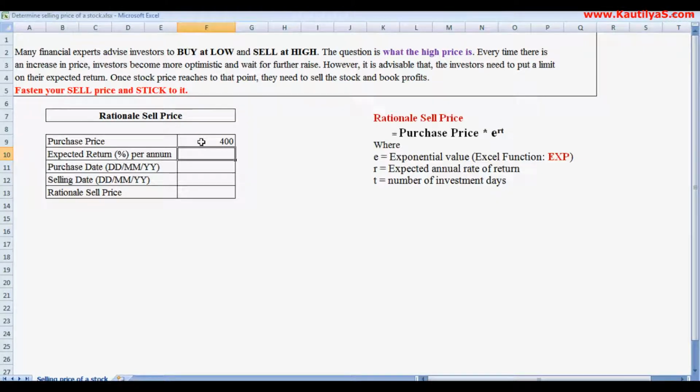Maybe you borrowed funds where you are paying 18% per annum as an interest. So in return you expect that this investment will yield you more than that. So 18% is your cost, you expect a plus 6%. Assume that 24% is the expected return.